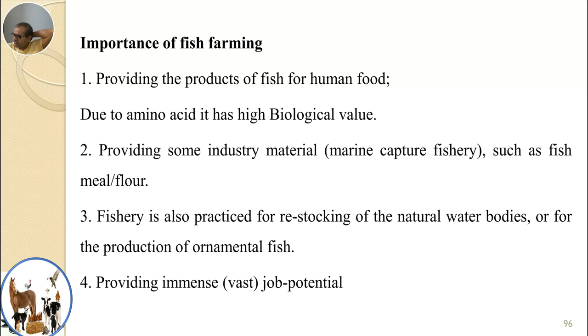It's also a source of vitamin A and cod liver oil, etc. They supply pharmaceutical inputs and provide some industrial material from marine capture fishery, such as fish meal or flour, which is also used for poultry meat production, etc. Fishery is also practiced for restocking of natural water bodies or for the production of ornamental fish. Another purpose is that immense job potential is present in the fisheries.